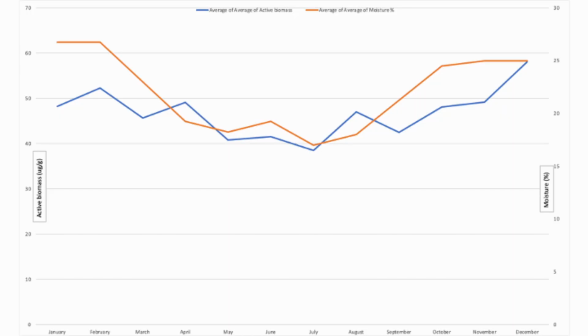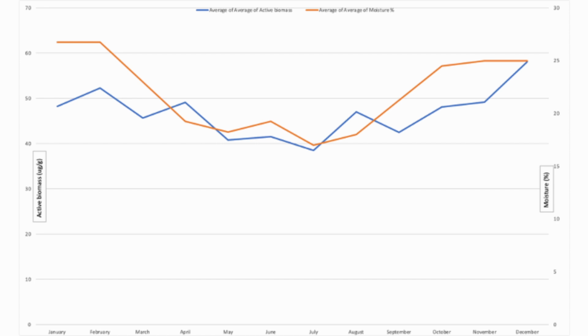So just by way of closing, it's always good to reflect on the moisture content of soil in relation to organism activity, because this is one of the most important factors. Now, obviously, the temperature and the amount of rainfall will have a significant role in determining what the soil moisture content is, as will other factors such as soil type and amount of organic matter.